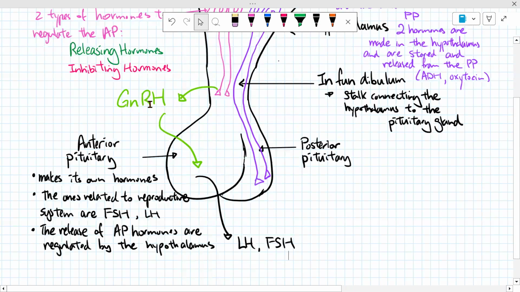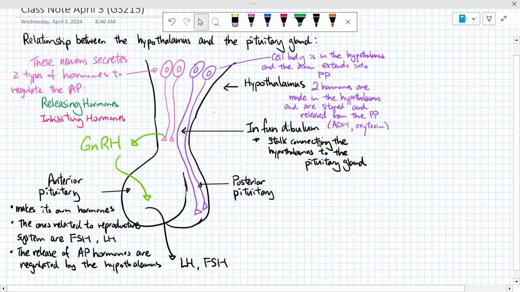So that's the relationship between the hypothalamus and the pituitary gland. Okay, do we have any questions before I tell you more? Really? Everybody understand this? Okay, that's good.